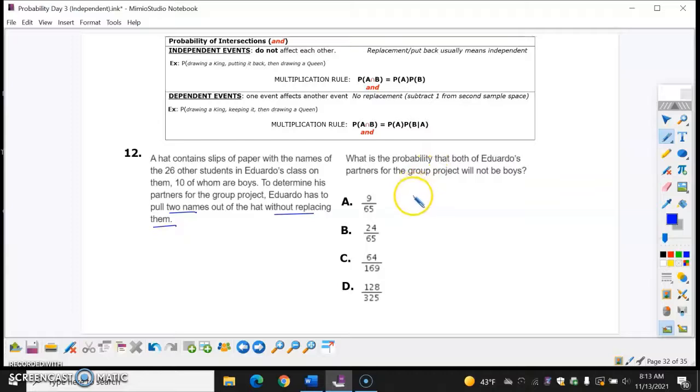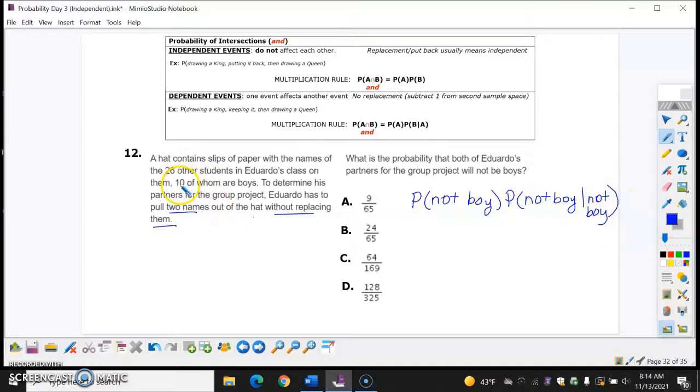So we're going to find the probability of not getting a boy for the first draw. He's not replacing them when he chooses a second time. So that's going to be the probability of not getting a boy, given that the first one was also not a boy.